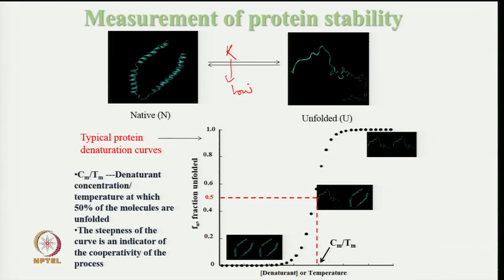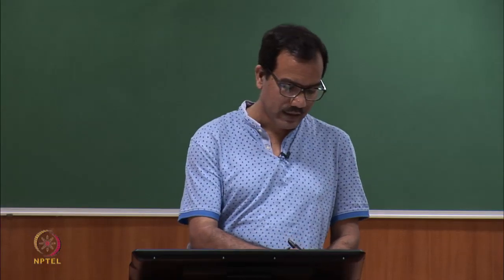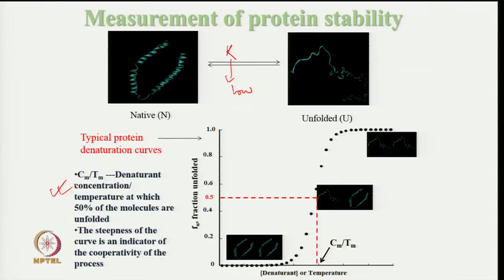So, what do we do? We take a protein solution, and we denature it somehow, either by using pH, or by increasing the temperature, or by adding a denaturant. And we look at two parameters, Cm and Tm, and the steepness. Cm is the denaturant concentration and Tm is temperature.